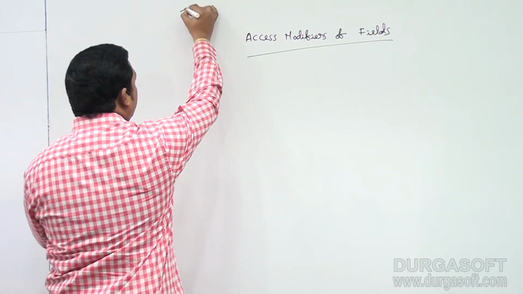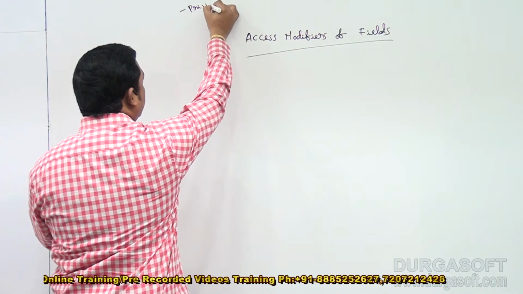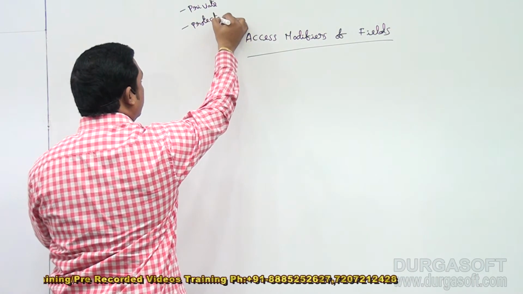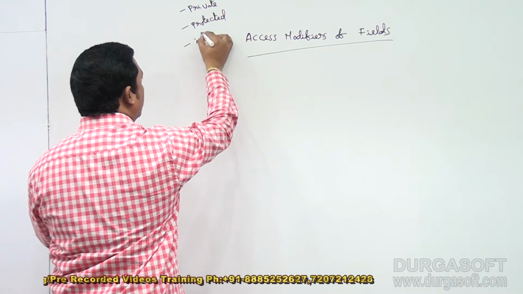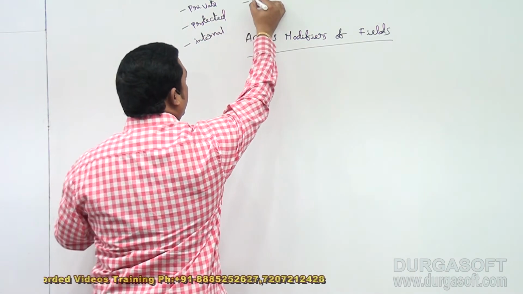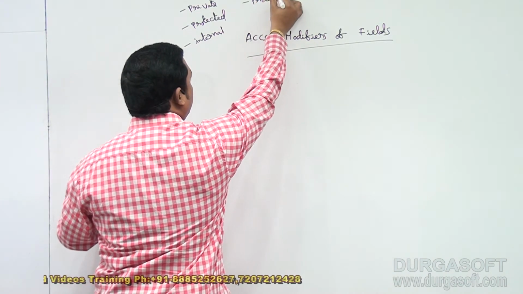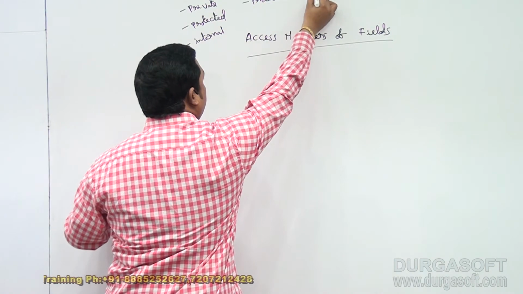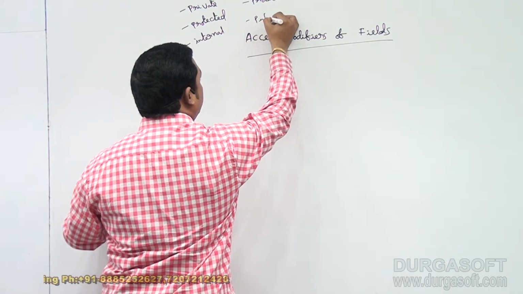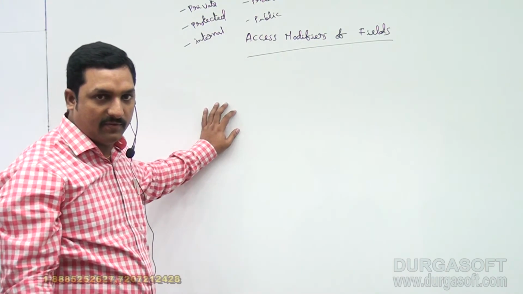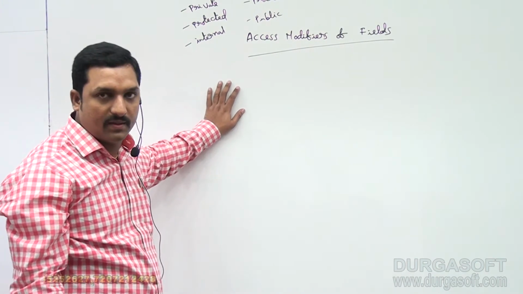We have private, protected, internal, protected internal, and public. We have 5 access modifiers available for the fields.